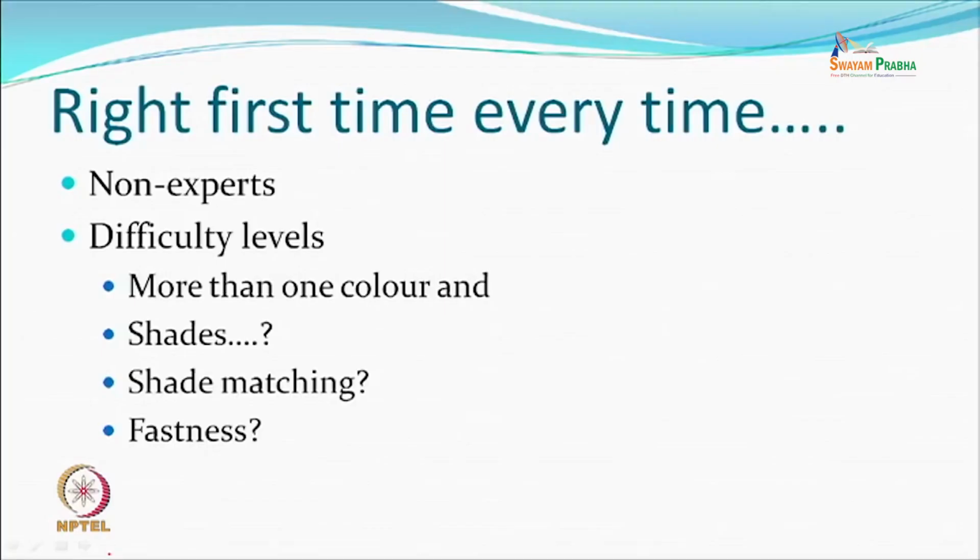So the difficulty levels are there in others also. In dyeing, for that matter, dyeing is also something where people can find some fault, but not like printing. As I said, we can correct it also. In this case, you actually use more than one color. So when you say that I am printing, you're not talking about one color or one shade.